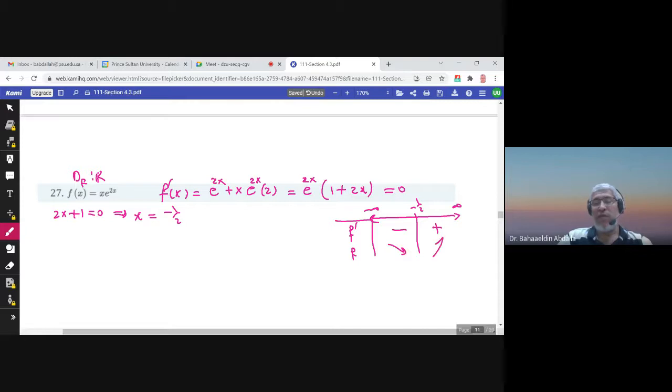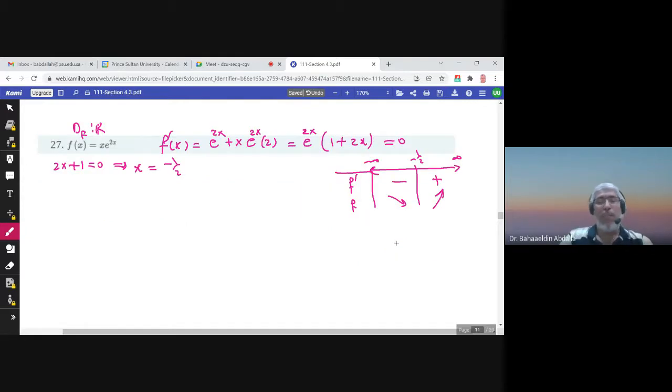So decreasing and increasing. So the answer to part A, f is increasing on the interval from negative half to infinity, and f is decreasing on the interval from negative infinity to negative half.